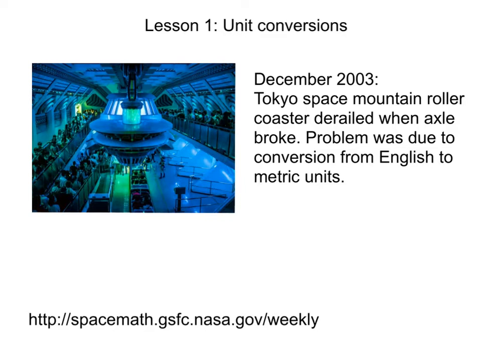This is a less serious example, but in December of 2003, the Tokyo Space Mountain roller coaster at Tokyo Disneyland derailed when an axle broke. After some investigations, they found that the axle was the wrong size simply because the design wasn't properly converted between English and metric units. And so you have to be really careful.